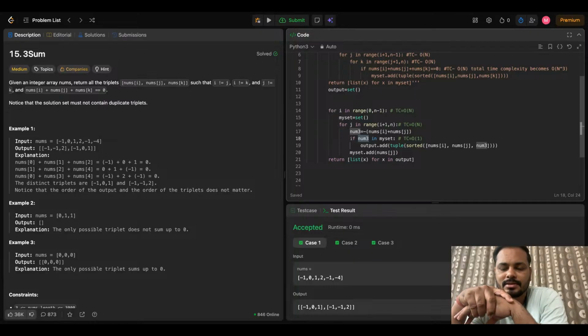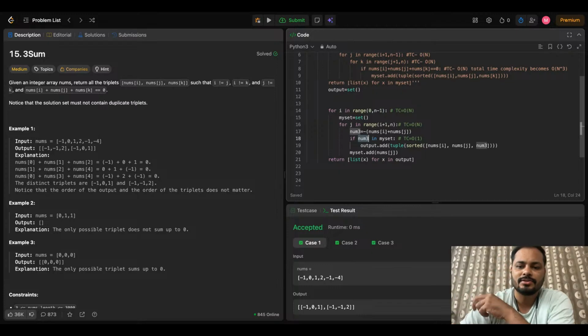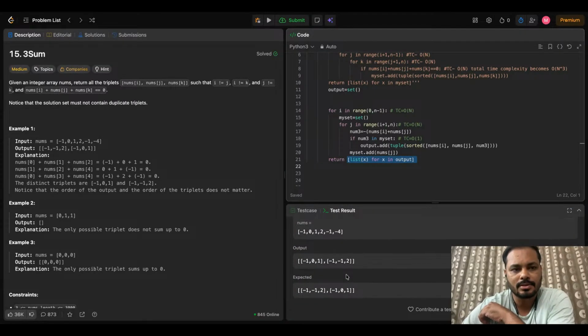Since my set is a set, looking up values in it is not order of n, it is order of 1, constant time. And we are just adding all the tuples and returning a list out of the tuples. This gives us the result.